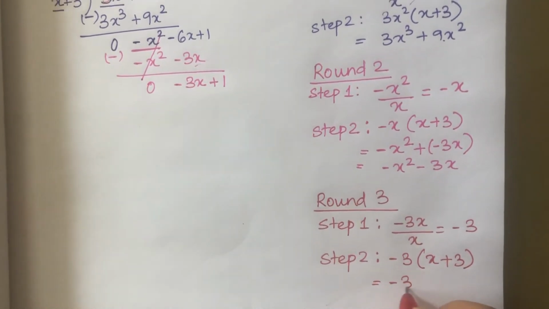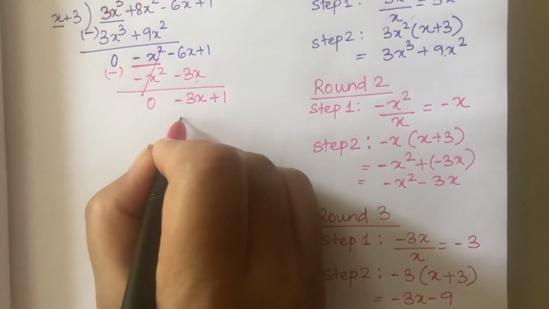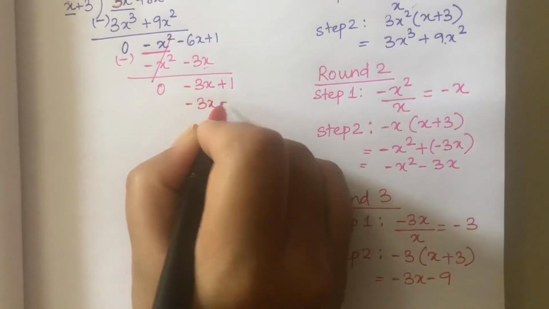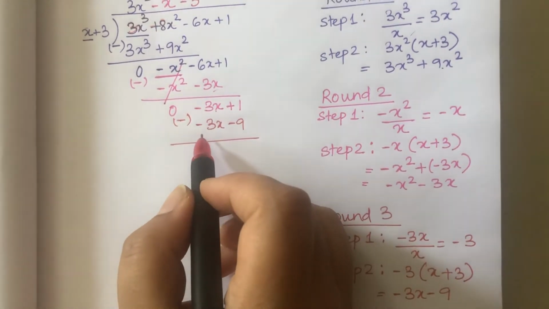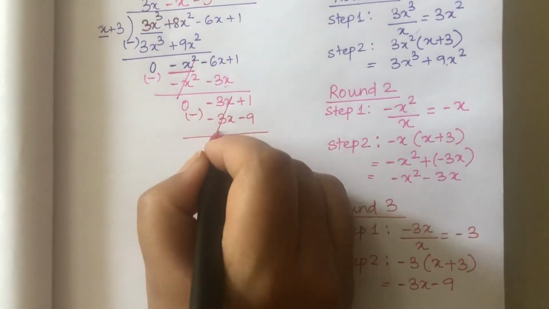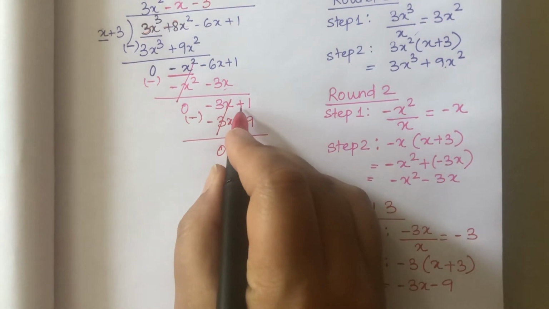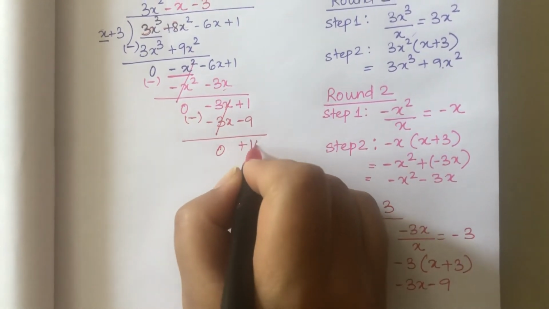My answer is minus 3x minus 9. I subtract minus 3x minus 9. Minus 3x minus minus 3x becomes minus 3x plus 3x, which is 0. 1 minus minus 9 is 1 plus 9, which is plus 10.